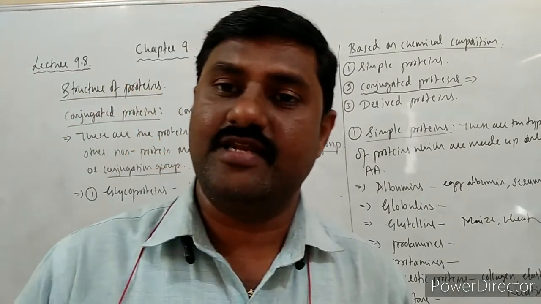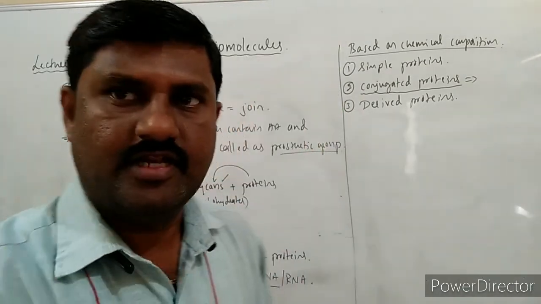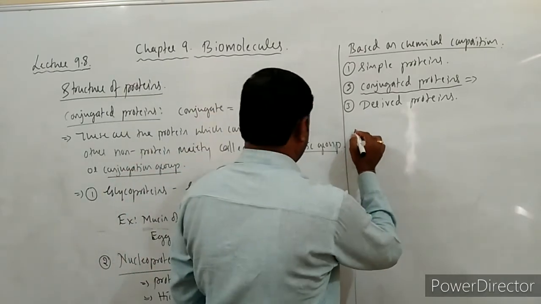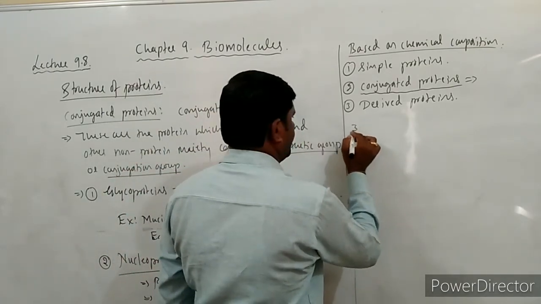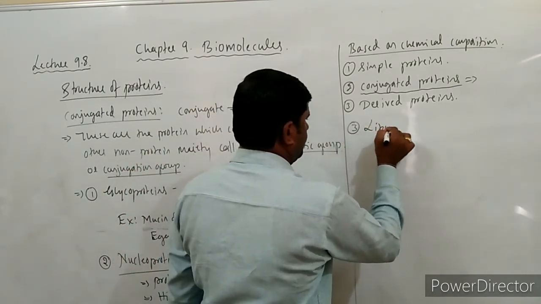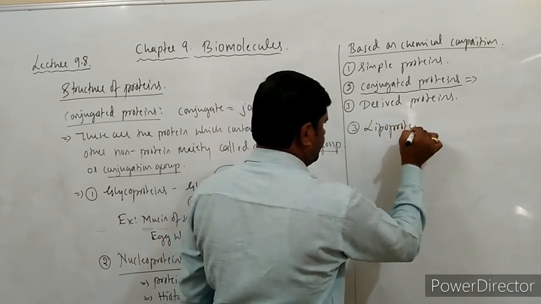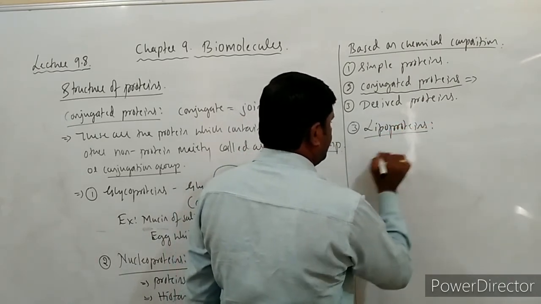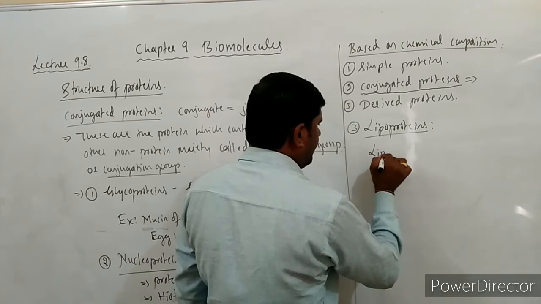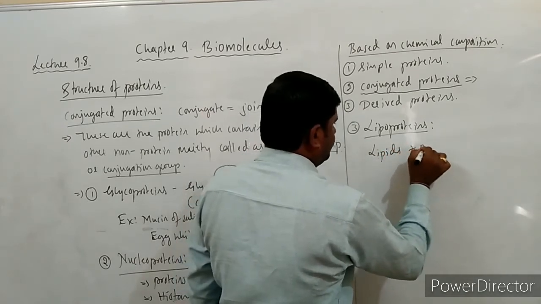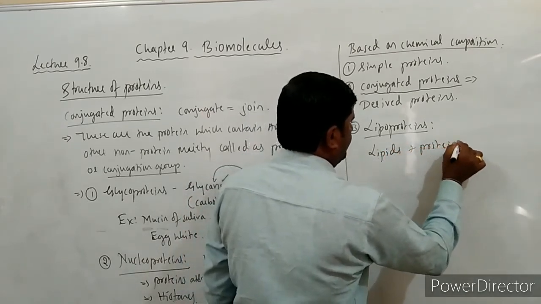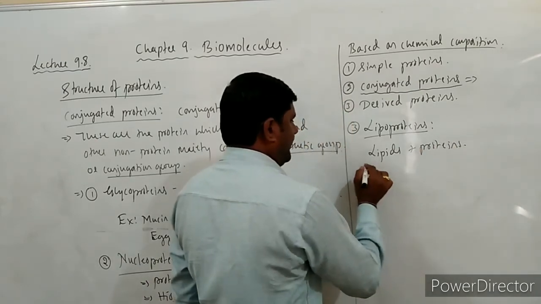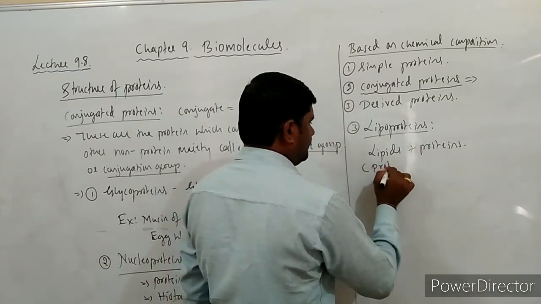The third one is lipoproteins. Here lipo stands for lipids plus proteins. Protein is protein, lipid is the prosthetic group.